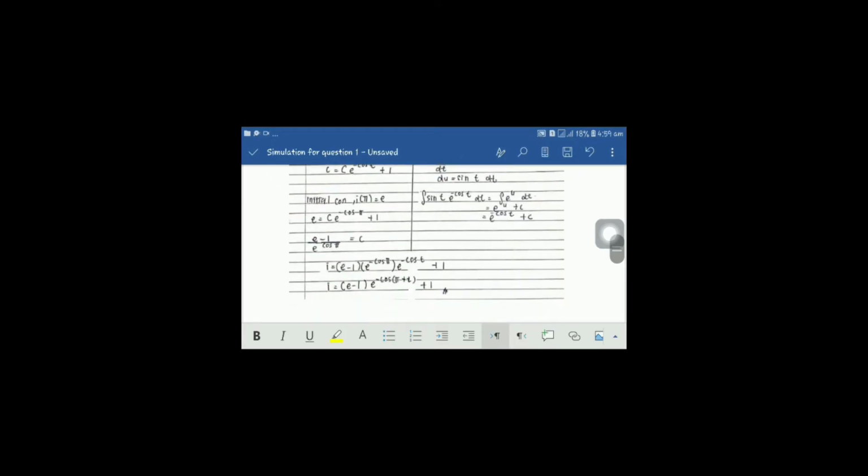So we get the answer I equals ce to the power of negative cos t plus t, and we have an initial condition, which is I(pi) equals exponent, so we just substitute it.